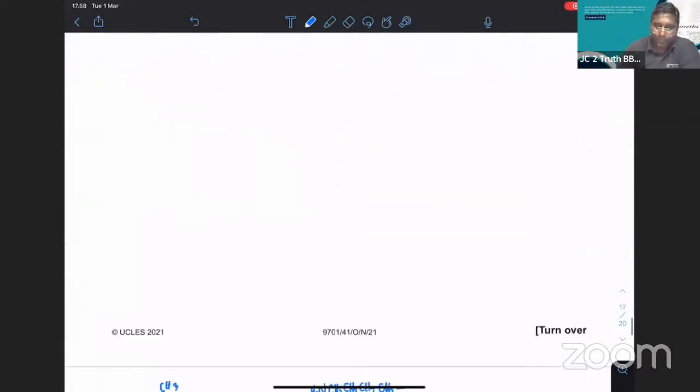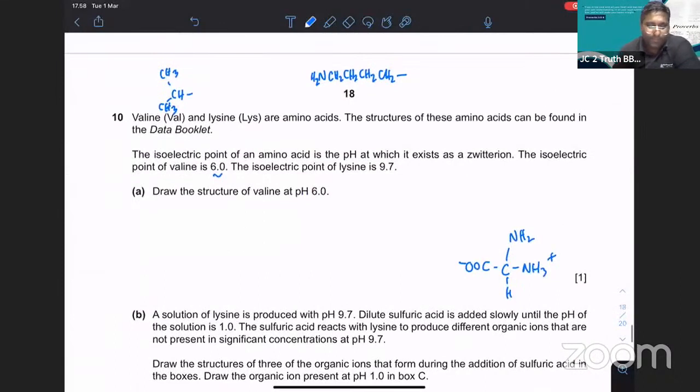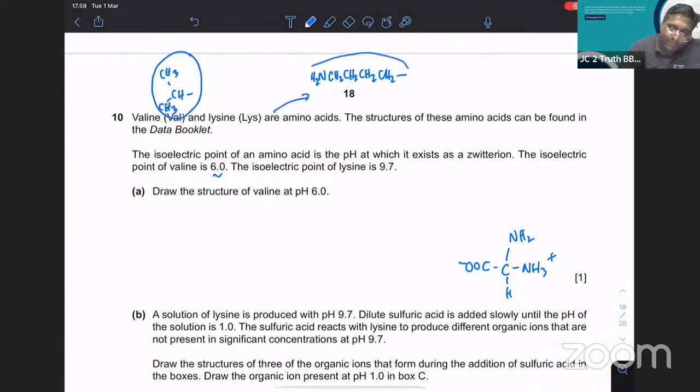Now next, number 10. Valine: if you look at your data booklet, the R group for valine is this, so I'll keep it over here. And then lysine, the R group for lysine is this. They say they are both amino acids, and the structure of these amino acids can be found in the data booklet.